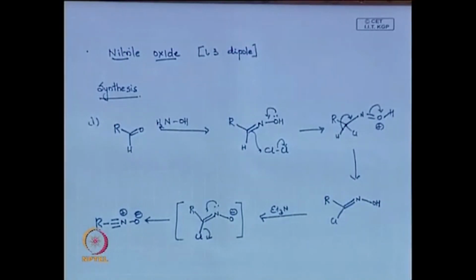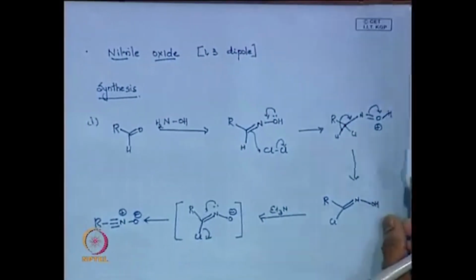So, you can synthesize your nitrile oxide like this. One more method is there for nitrile oxide synthesis. Can you remember? Using your nitro compound and isocyanate.